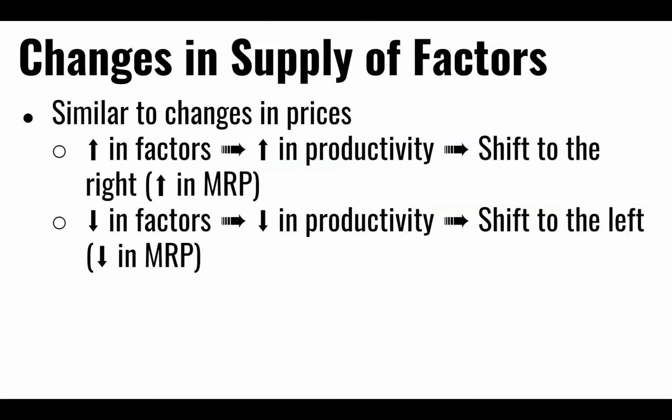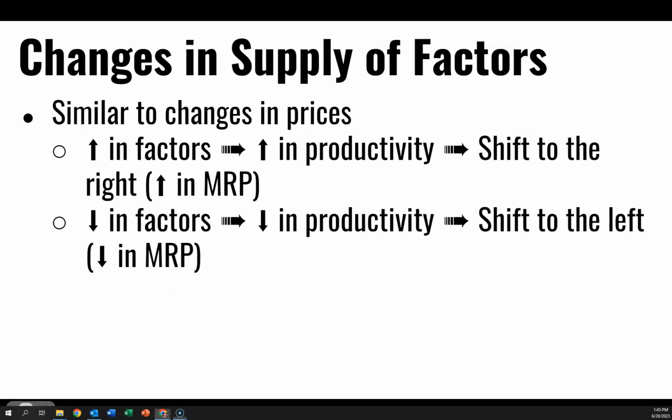There could be changes in the supply of various factors of production as well. For example, if I increase the physical capital available to James and Dolly, if they have more sewing machines than before, then that could lead to an increase in productivity of workers, which would cause each worker to be producing more items, which gives them more value for the work they're producing, which would be an increase in the marginal revenue product or a shift in demand.